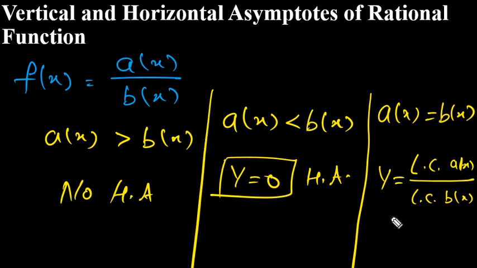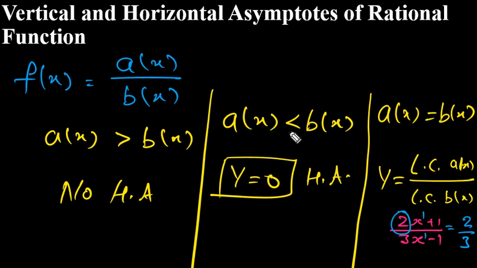If you have a function, for example, 2x plus 1 divided by 3x minus 1. Now in this case the degree is the same, right? The degree of a of x is 1, the degree of b of x is also 1. Now the leading coefficient here is 2, divided by the leading coefficient here, which is 3. So your horizontal asymptote is 2 over 3.